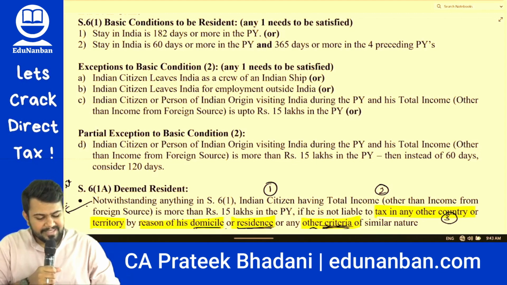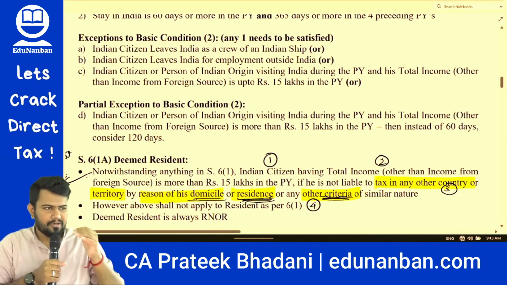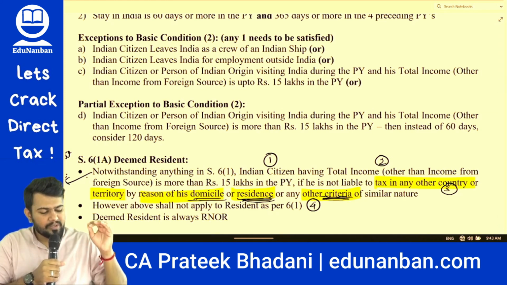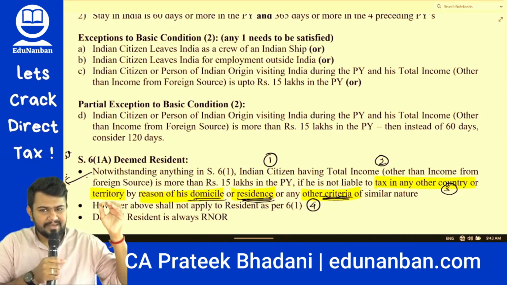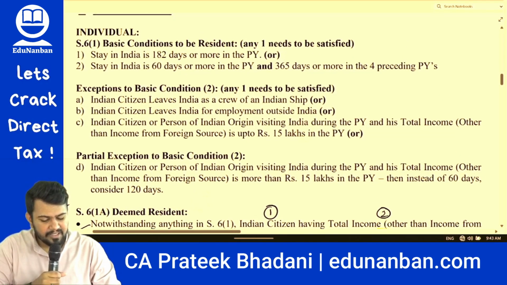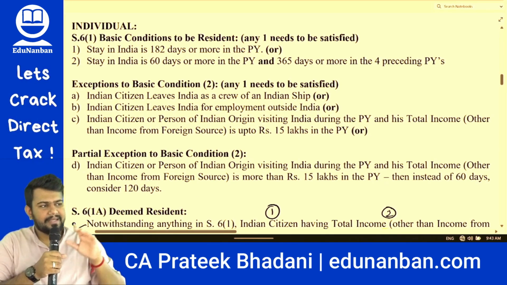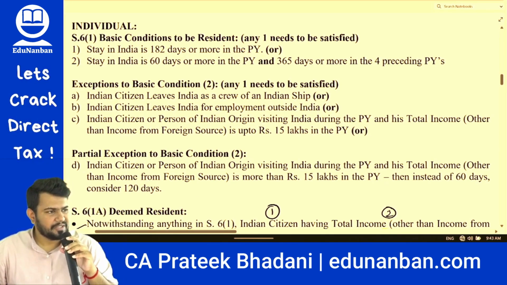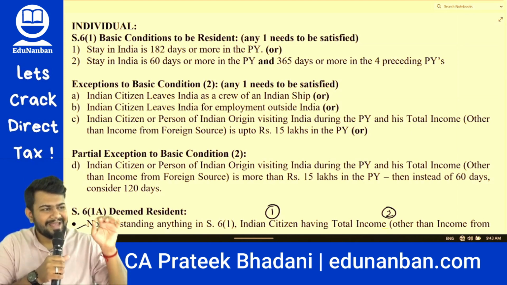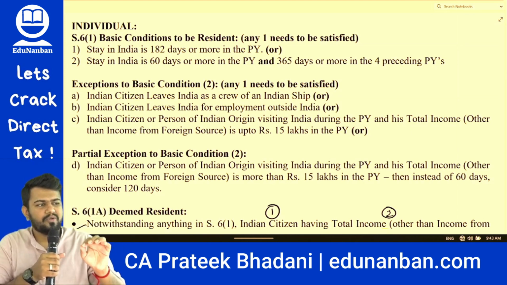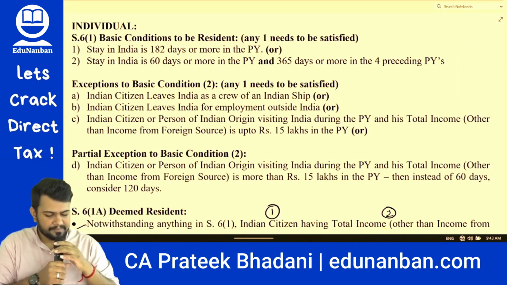However, if total income other than income from foreign source is more than 15 lakhs during the previous year, then instead of 60 days, you consider 120 days in the second basic condition and solve the answer. Don't ignore the second basic condition. Instead of 60, you just put 120 and solve the answer.